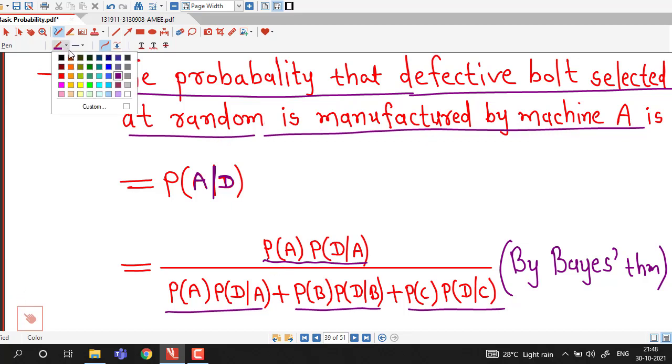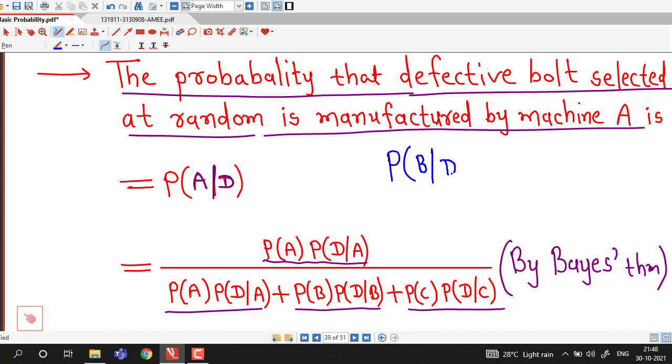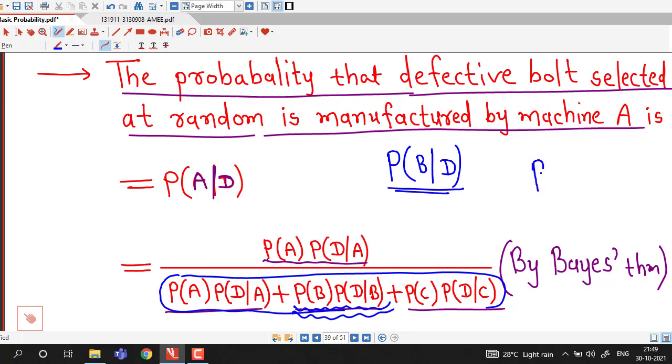Now suppose we want the probability that a defective bolt selected at random is produced by machine B. That will be the probability of B given D. For this probability, the denominator will be the same, and in the numerator we write the probability of B times the probability of D given B. Similarly, for machine C, the numerator will be replaced by the last term.